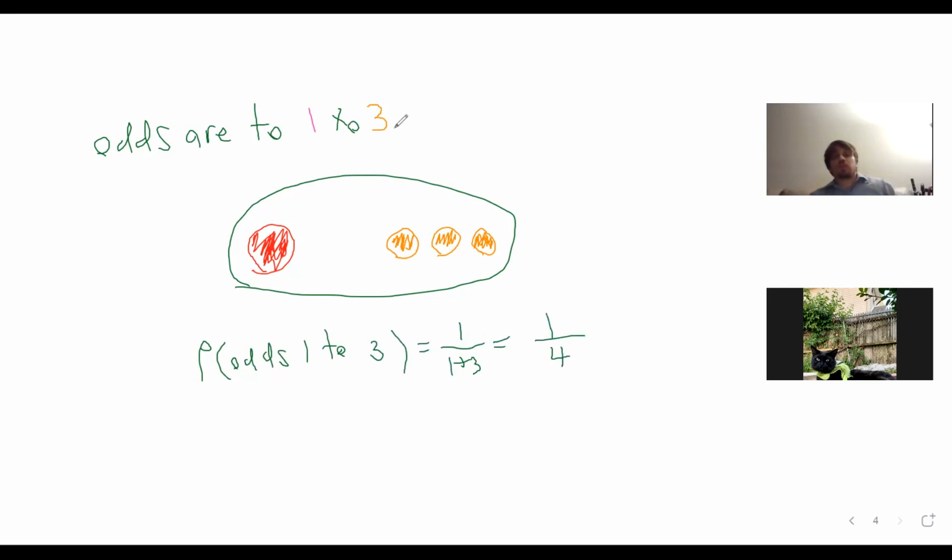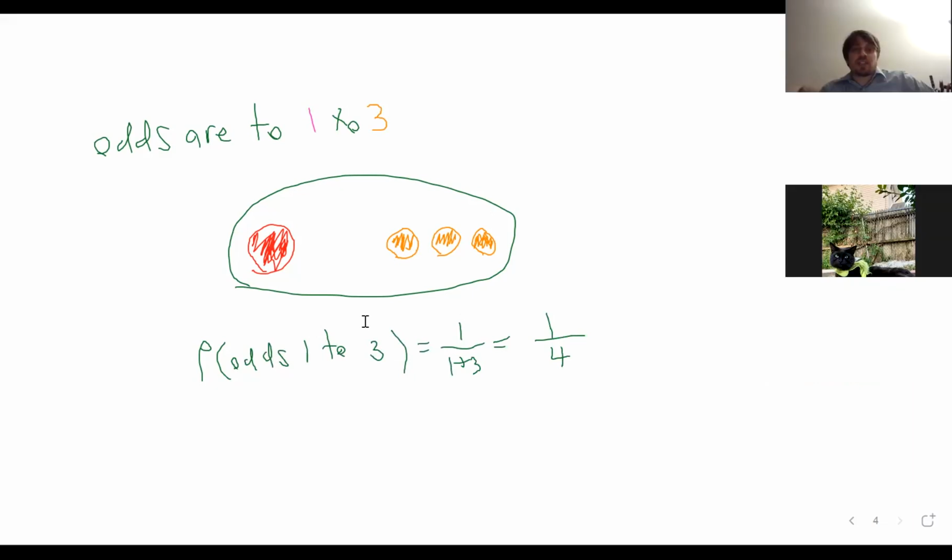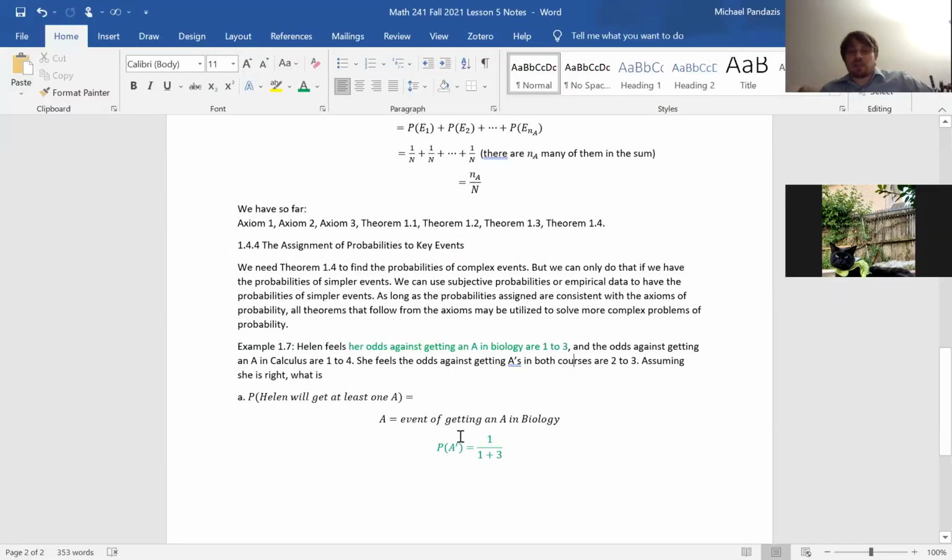Make sense? So 1 to 3 odds means 1/4 probability. But that's one piece of this puzzle. It says the odds against an A in biology are 1 to 3. So the event is not getting an A. But still, the odds are 1 to 3 for not getting an A in biology.